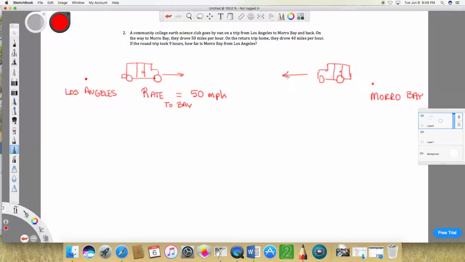And the rate that they're going home to LA is slower, what was it? 40 miles per hour.